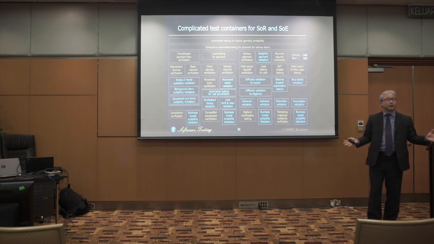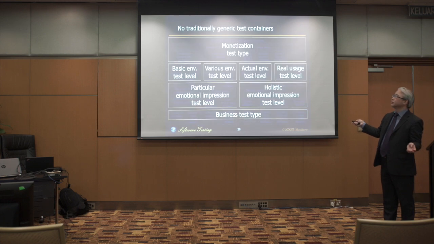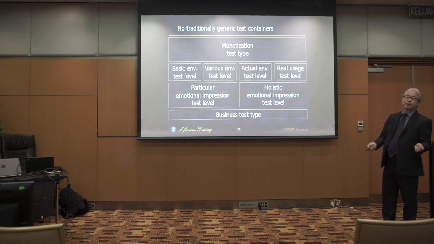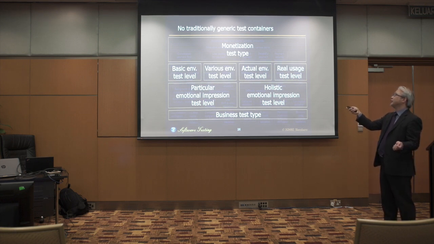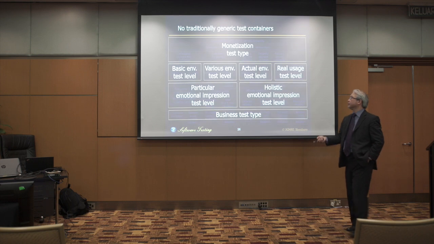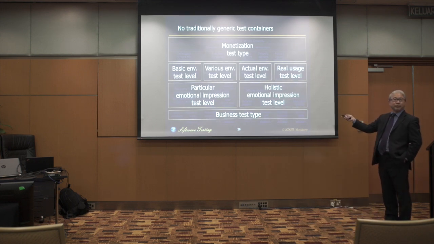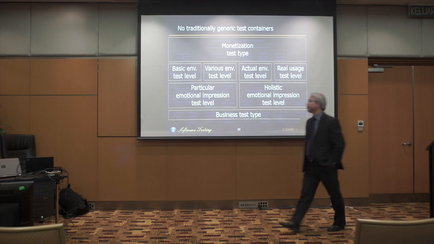And if you grasp a holistic architecture of your tests, you can abstract monetization test type, basic environment test level, various environment test level, actual environment test level, real usage test level, particular emotional impression test level, like short and dead time validation, and holistic emotional impression test level, and business test type, and so on. You can abstract or detail as you like.